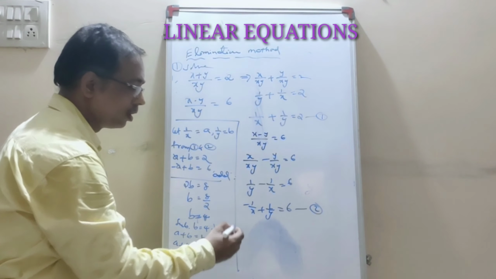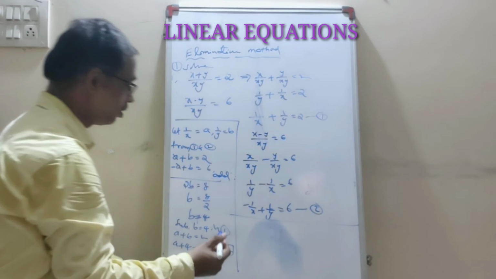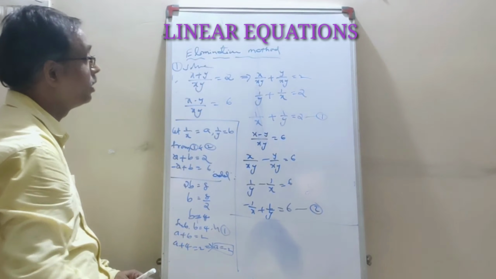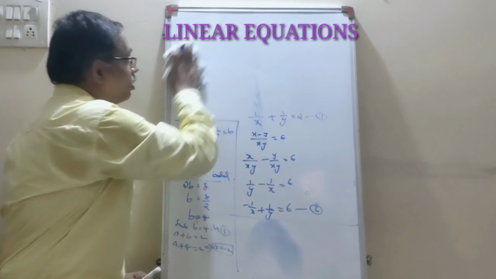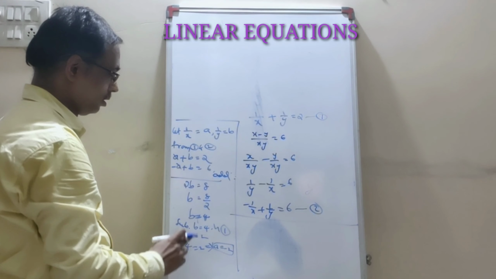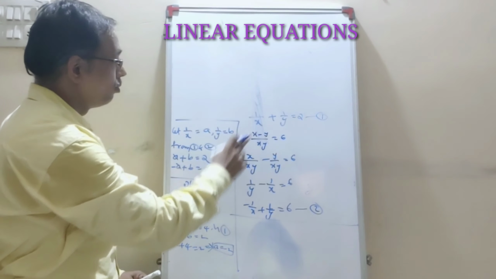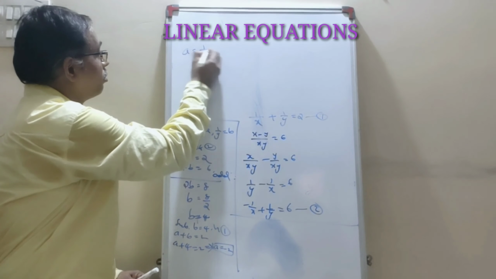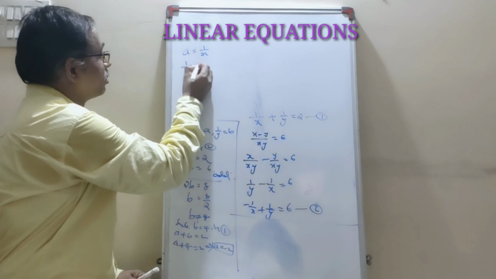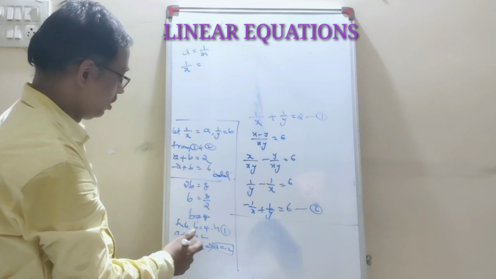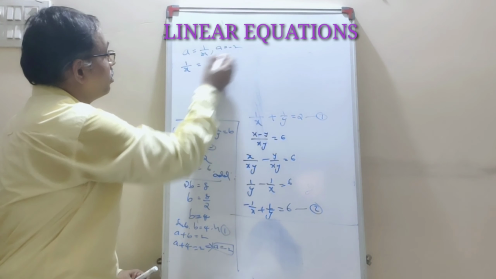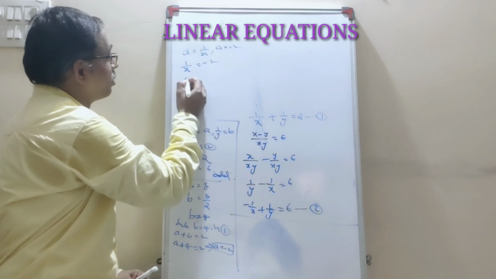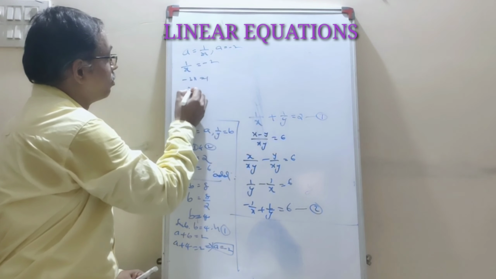So we got here two values. In the last step, we assumed a as 1/x. Here a = 1/x. So 1/x = −2. Then on cross multiplication, −2x = 1.